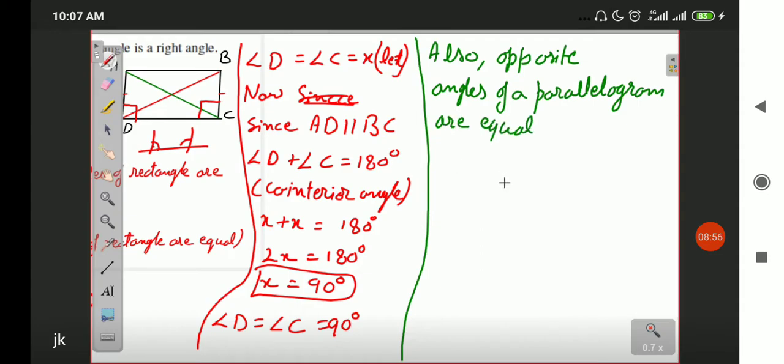Opposite angles of a parallelogram are equal. That means angle B is equal to angle D is equal to 90 degrees, and angle A is equal to angle C is equal to 90 degrees.